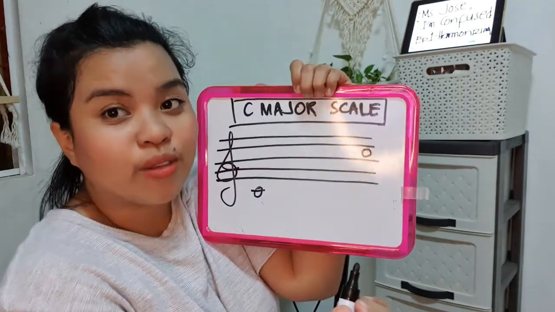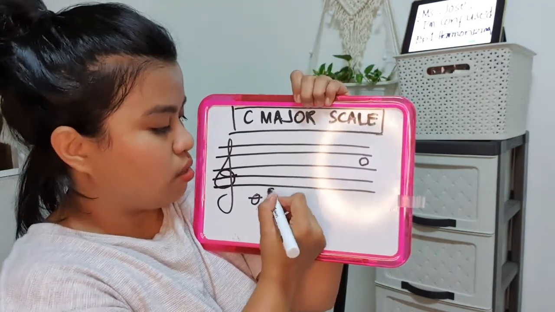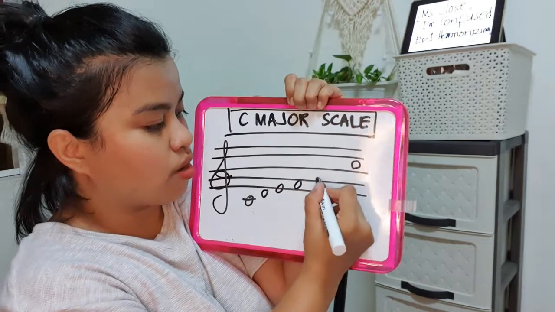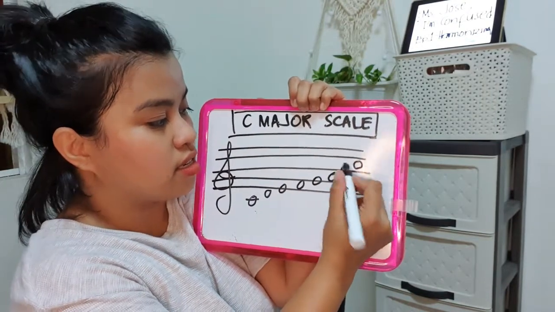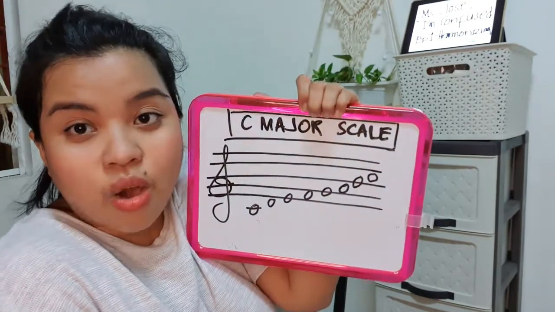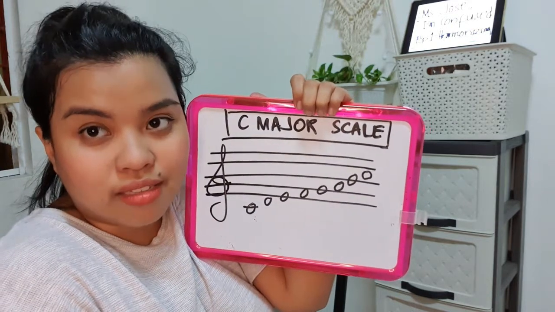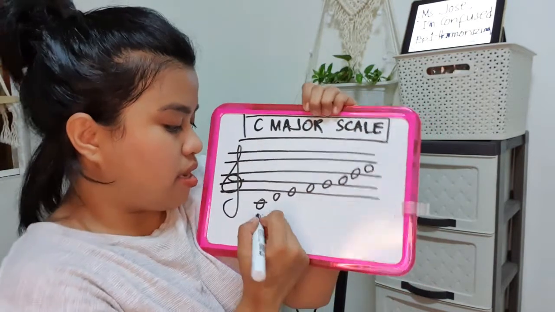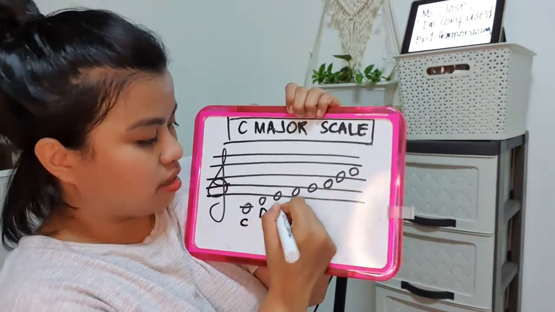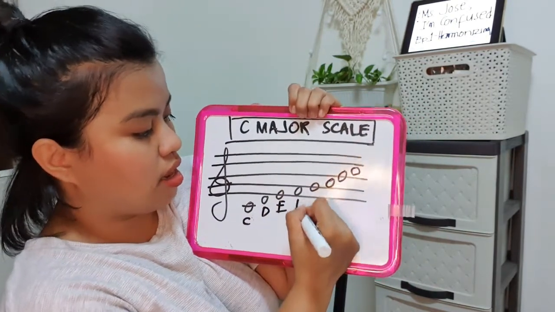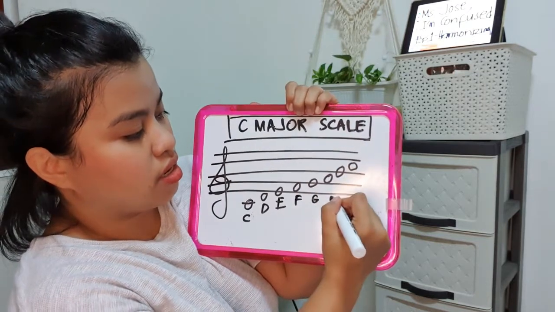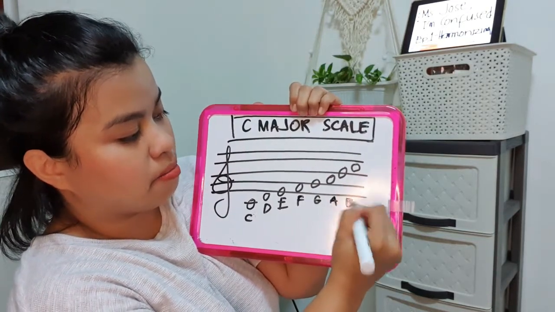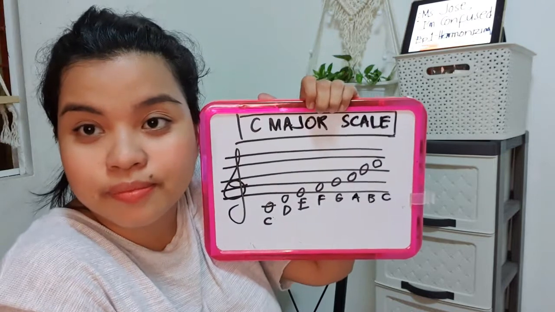And then count to 8: 1, 2, 3, 4, 5, 6, 7, and then 8. On the intervals of that, we'll talk about that next time, okay? So, this is C, this is D, E, F, G, A, B, and C.